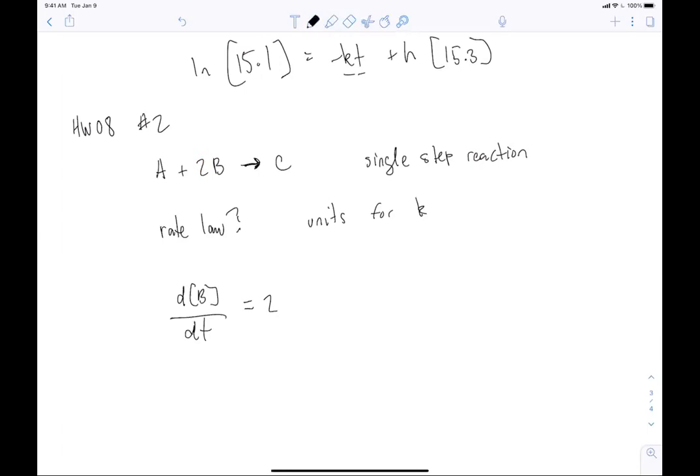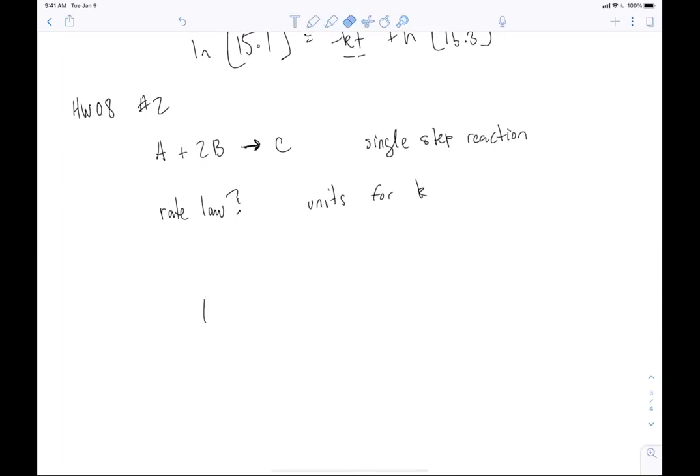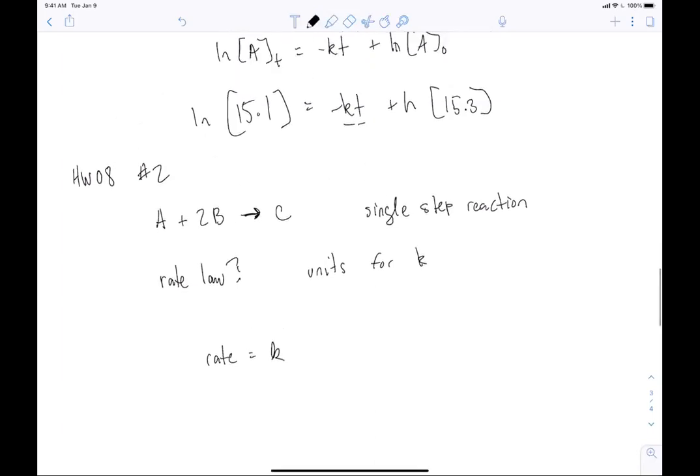It depends on how you define it, but generally speaking, let me think about how to explain this really fast. If the question was to write out the rate law for the reaction, I would write it out as rate is equal to K times, let's just start there. I would write it out as this.